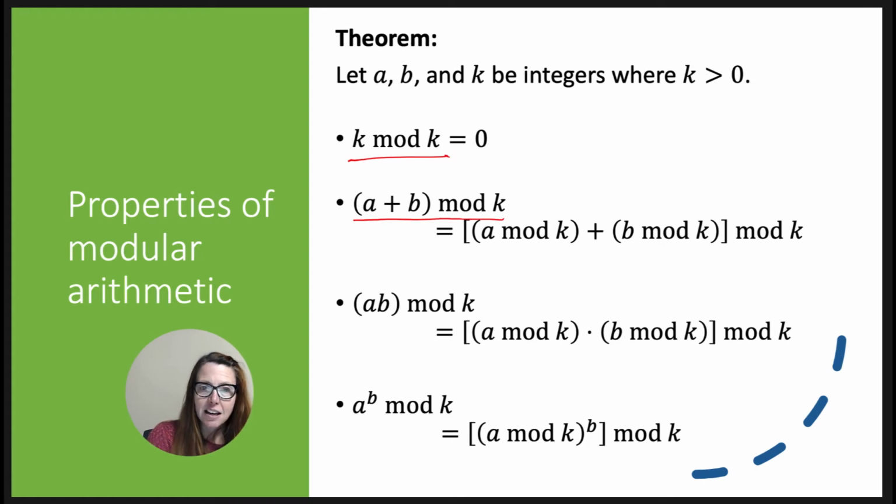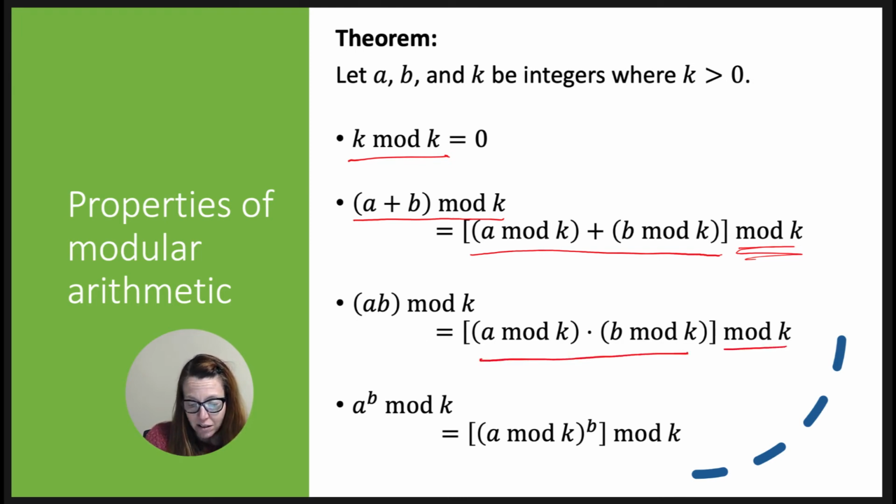If we take a plus b mod k, then it is the same as a mod k plus b mod k, all mod k. And we can't forget that mod k at the end because we get a very different answer if we do. If we have a times b mod k, then that's the same as a mod k times b mod k, all mod k. And a to the bth power is a mod k to the b mod k.